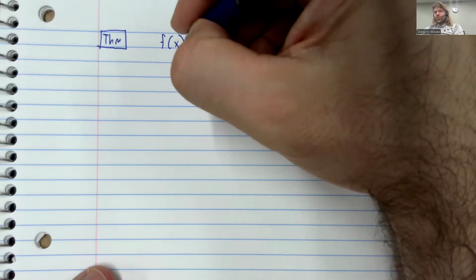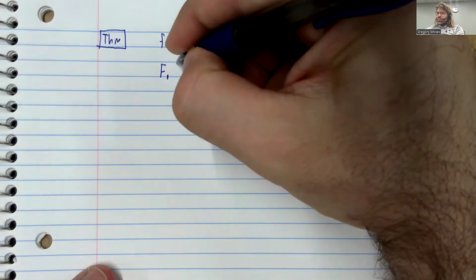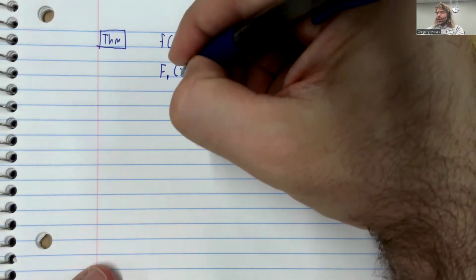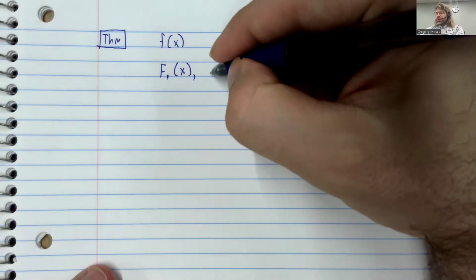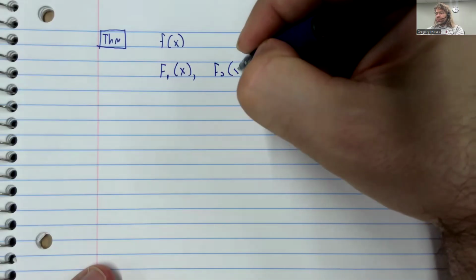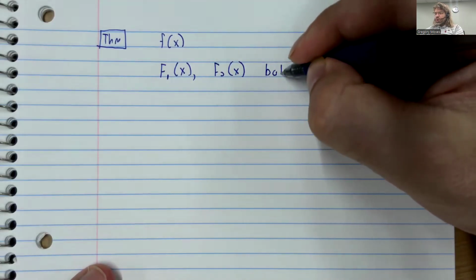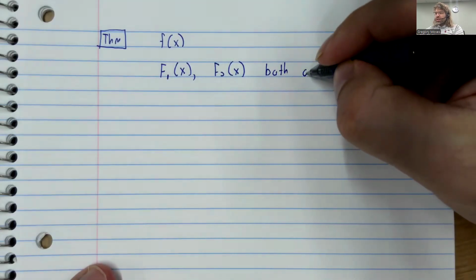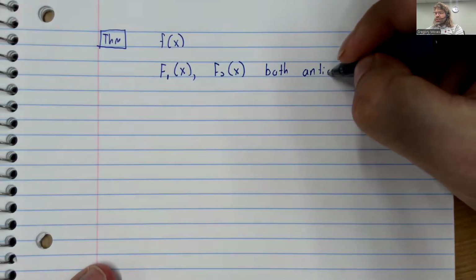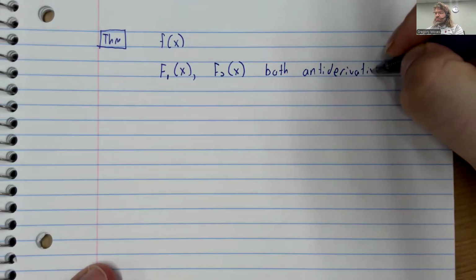Suppose we've got a function lowercase f of x, and capital F sub 1 of x and capital F sub 2 of x are both antiderivatives.